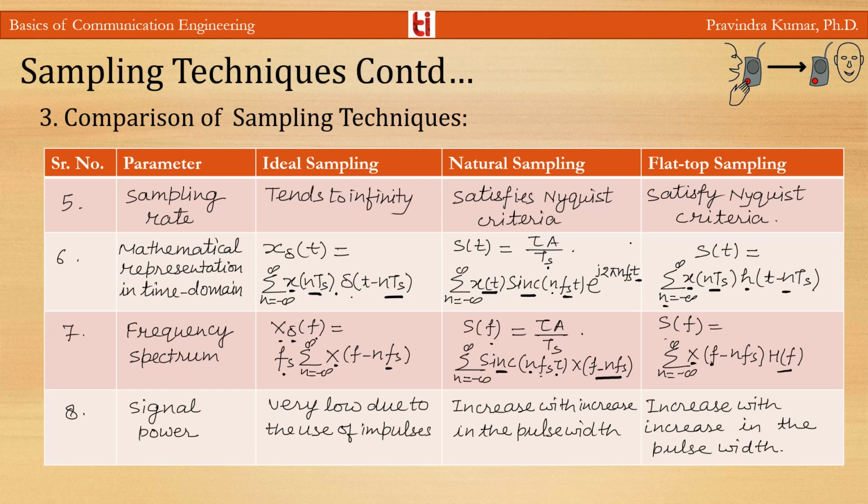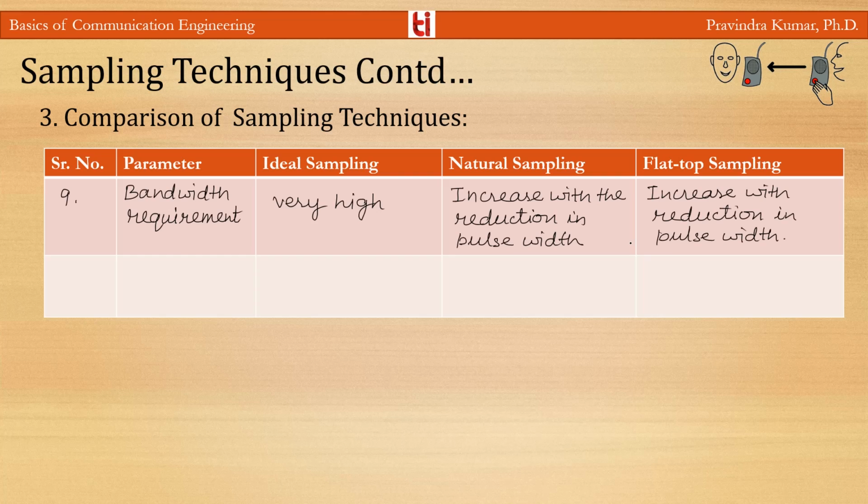And if we talk about the signal power, in ideal sampling the signal power is very low due to the use of impulses, and in natural sampling the signal power increases with an increase in the pulse width, and also in flat top sampling the signal power increases with an increase in the pulse width. For the bandwidth requirement, in ideal sampling it is very high, and in natural sampling it increases with a reduction in the pulse width.